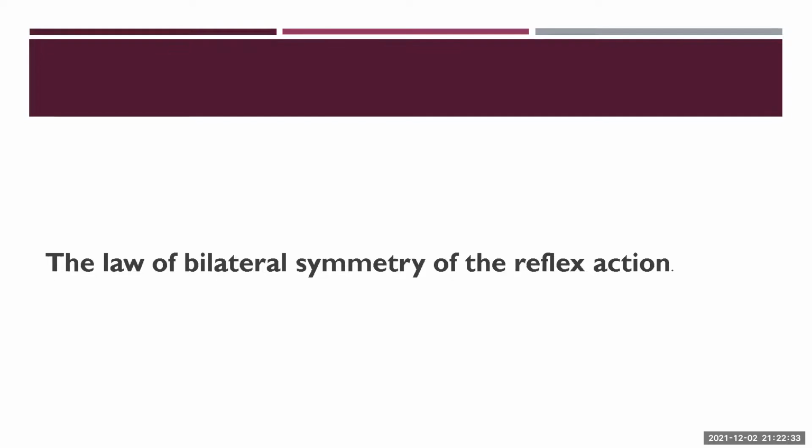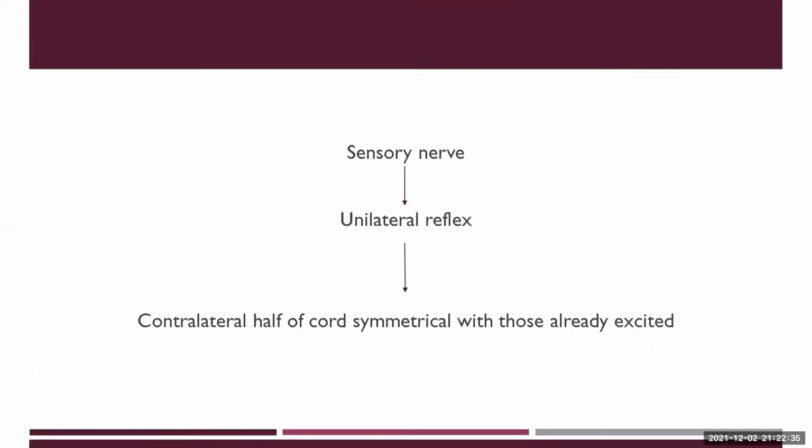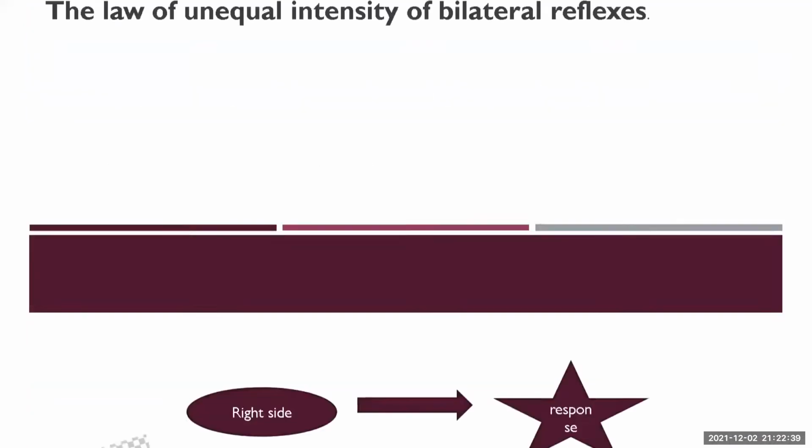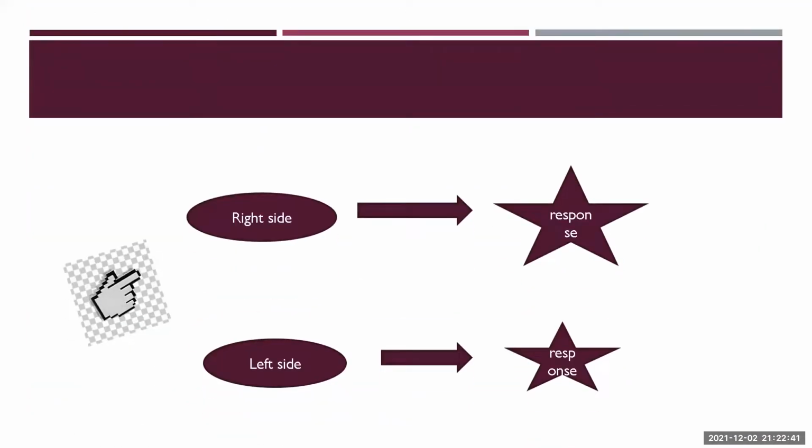Okay, so the third law is the law of unequal intensity of bilateral reflexes. So here what he says is that if there is a right and left side of the body, when the excitation of the sensory nerve elicits a reflex action involving both halves of the body, the action is unequal on the two sides.